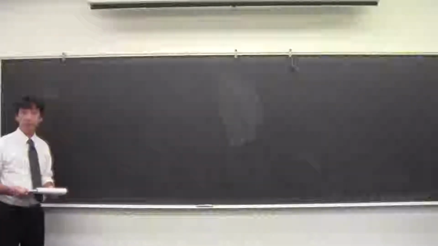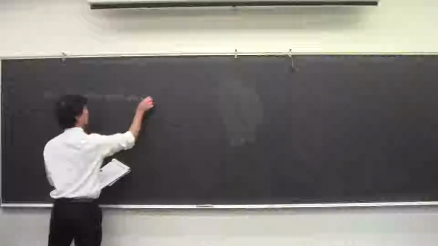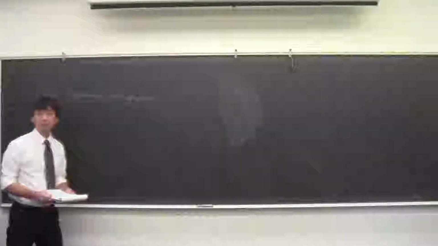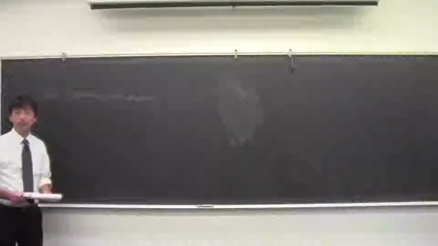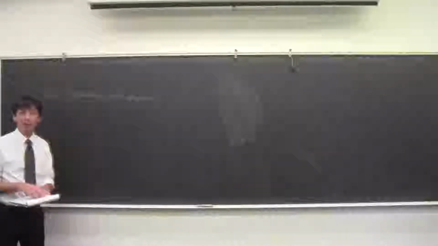Okay, so we are going to get into the next chapter. This chapter is about eigenvectors and eigenvalues. In some sense, we could have gone right into this chapter from chapter 4.